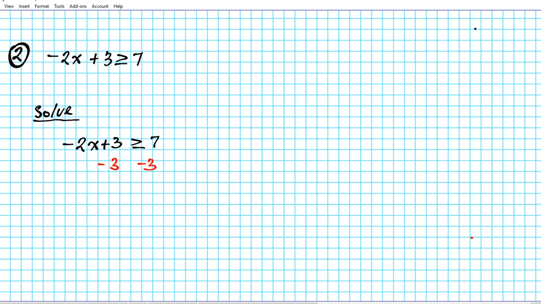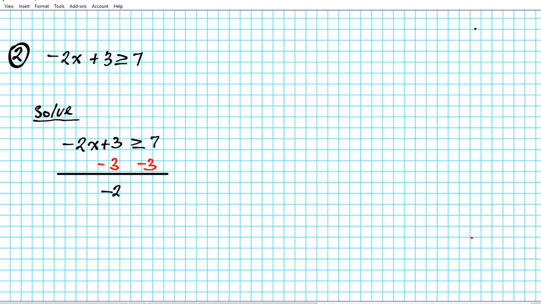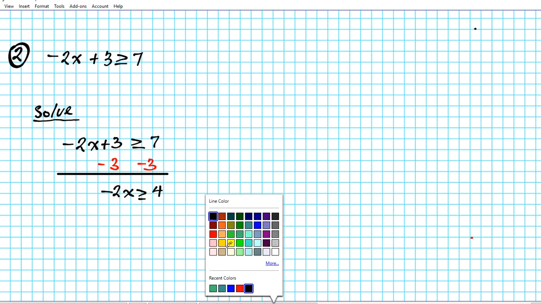You end up with, so these add up to 0, and you have negative 2x is greater than or equal to 7 minus 3, which is 4. So negative 2x is greater than or equal to 4. Now what do we do next? We're going to proceed to divide both sides by negative 2.